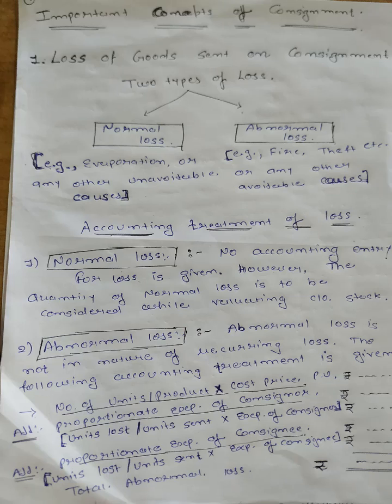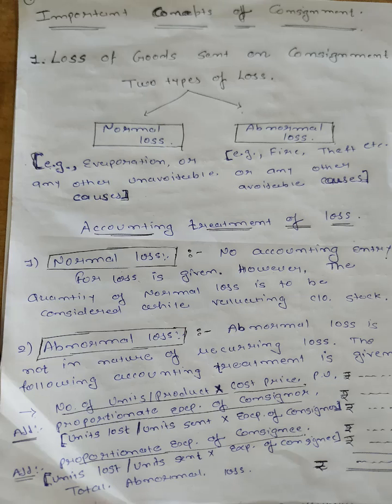You have to find out the total figure of abnormal loss. For that, number of units of product multiplied by cost price per unit gives the total loss at cost price. Now, to this figure you have to add the proportionate expenses of consignor as well as consignee, because we already learned that cost price also includes the expenses made for the purchase or manufacture.